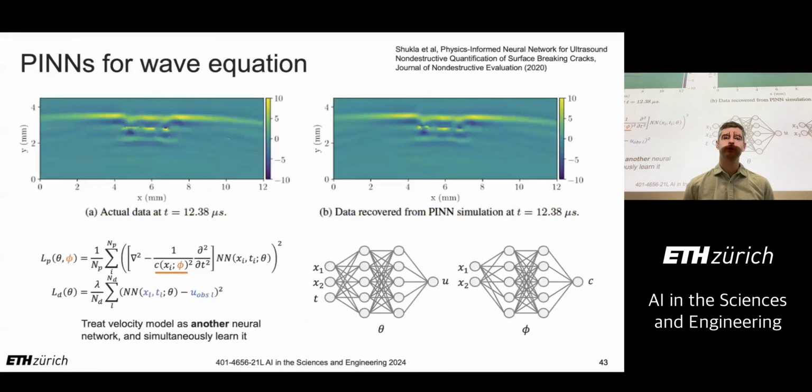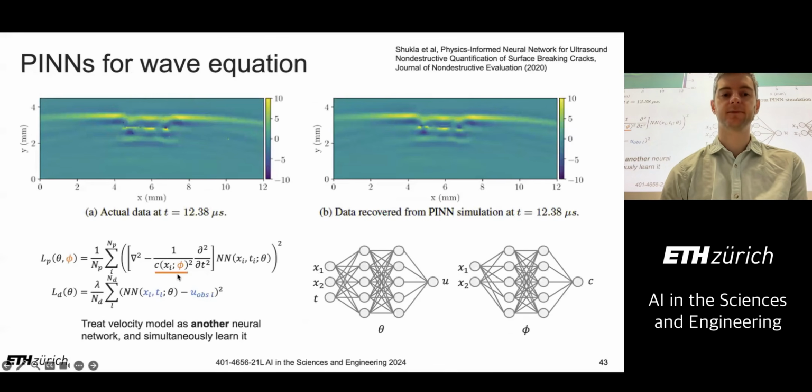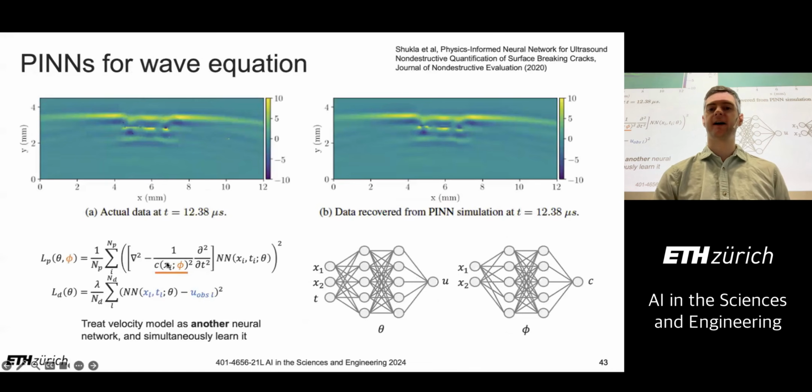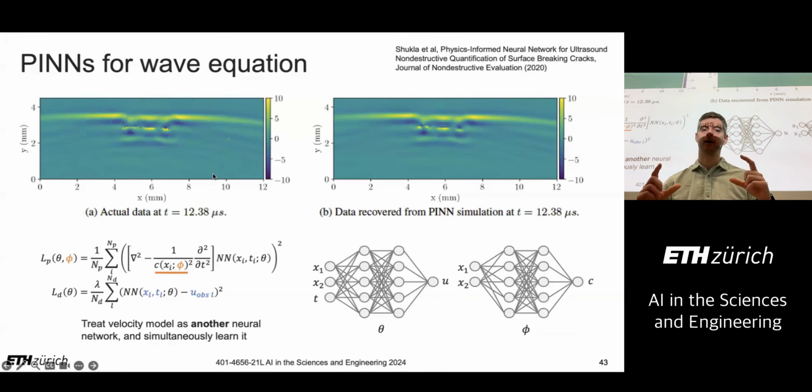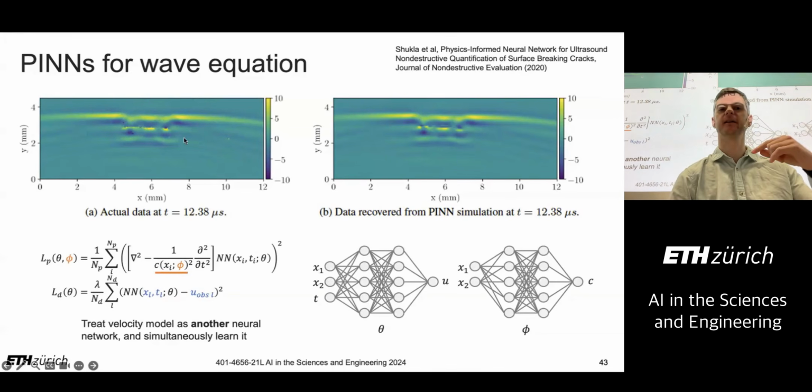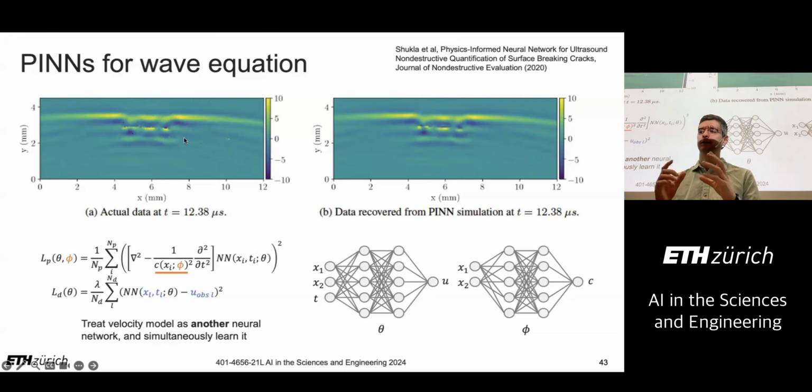So here's an example using, again, PINNs for the wave equation, but this time we want to understand what the velocity model is. This example is a vibrating plate. What we do is we vibrate the plate and we measure the displacement of the plate as a function of time. And this is used in non-destructive testing, for example, to investigate whether there are cracks in the plate or any sort of perturbations in the plate.